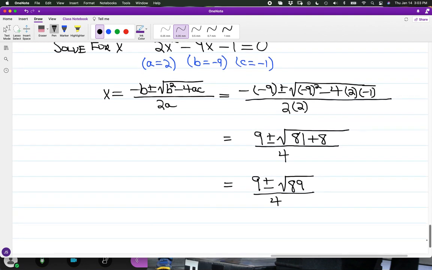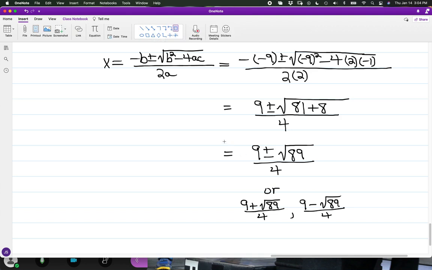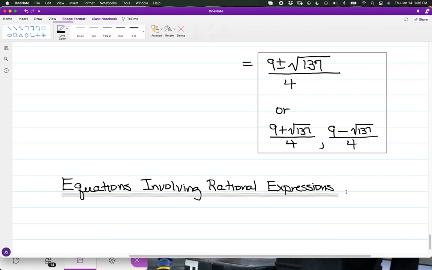And that'll be the compact solution. And again, you can draw out separately, itemizing: on the upper end we have 9 plus the square root of 89 all over 4, and at the lower end we have 9 minus the square root of 89 over 4.